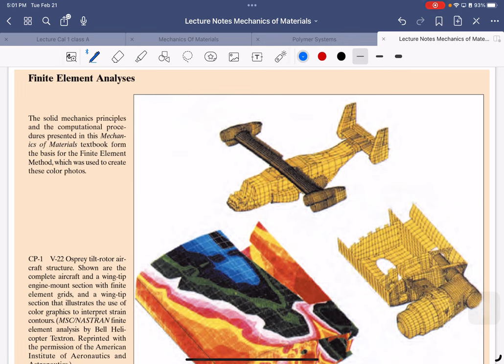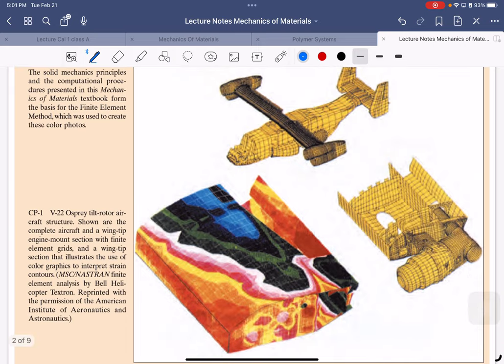And of course, from this picture here, I think you can predict which one has the higher stress, the green one or the red one? Green or red? Red, right? Okay. Intuitively, you can say red, right? That's the power of colors.